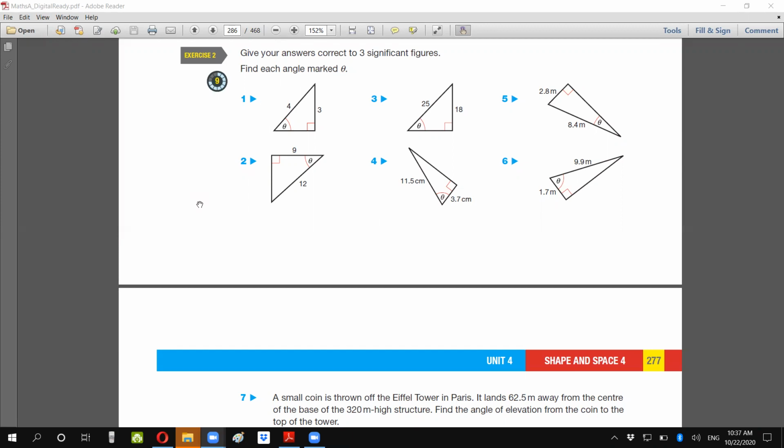How many students in the class? 22. Okay, only Hisham. The last chance for you, Abdullah Saad. I will write your name as absent.